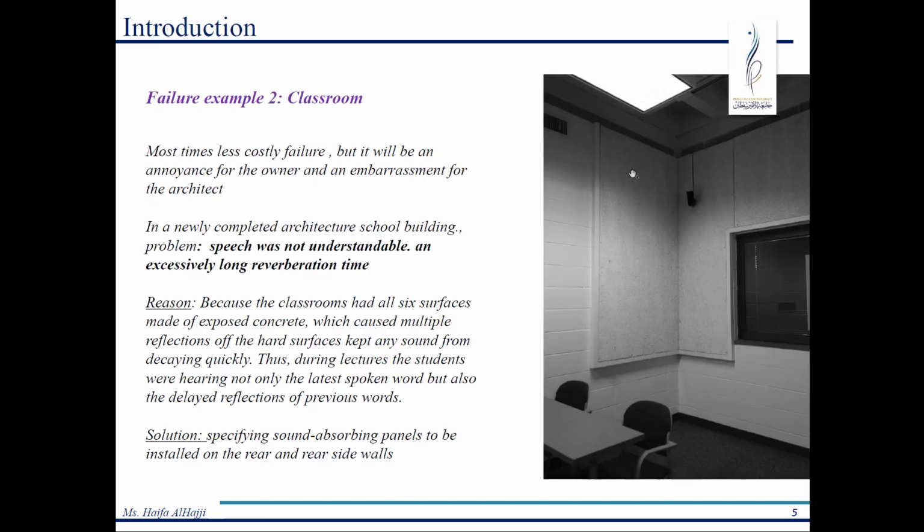Now this is another example where acoustics is important. They were able to fix the issue on the spot. In this example, we can see a classroom. In this classroom, probably the problem was there's echo at the back of the classroom. This is usually caused by sound reflecting off the reflective surfaces at the back.